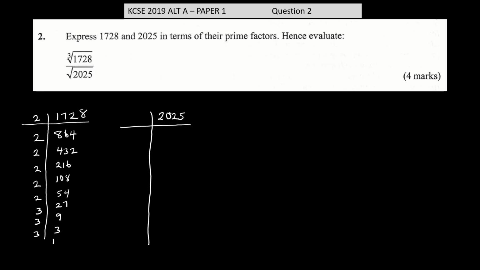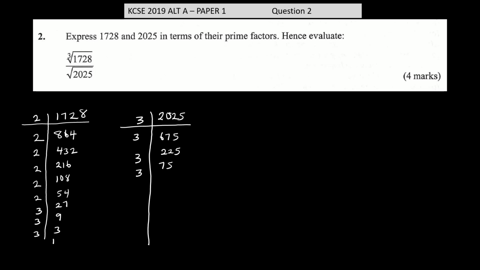And here the smallest number that will go into 2025 is 3, apart from 1. 3 into 2025 is 675. 3 into 675, we have 225. 3 will go again. 3 into 225, we have 75.